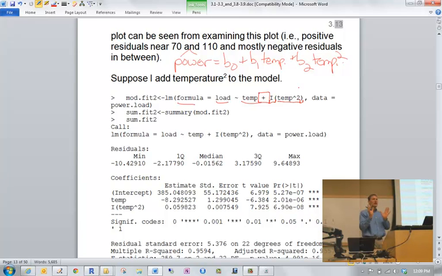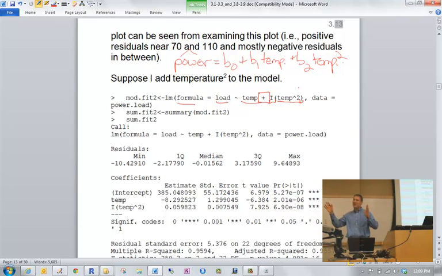The I function stands for identity. Basically, what this means is that you want R to interpret temp caret sign 2 as temperature squared, as you had intended. If you don't do that, and this gets complicated until we get into later chapters, R will interpret this differently, because that caret sign 2 in a formula argument actually has a different meaning than what we want.